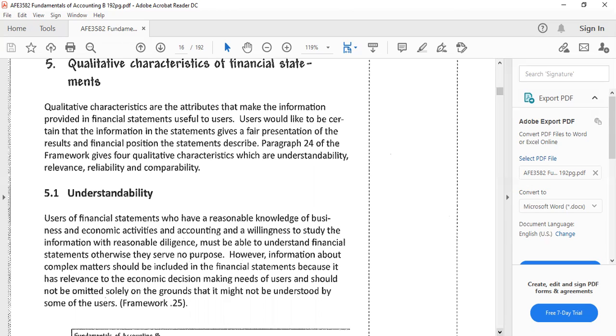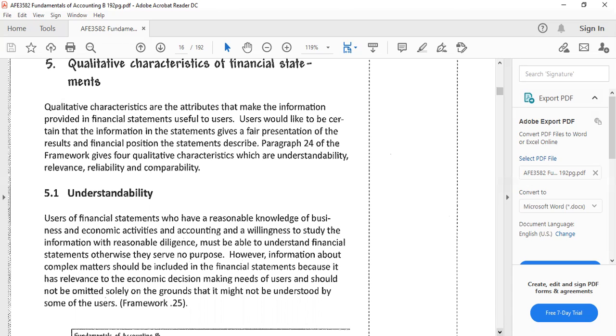This simply means that you cannot just bring me your balance sheet with a format that I do not understand, and maybe I'm a lender and you really want me to give you a loan. No, your financial statements should be understandable. They should be presented in a way that I can understand and analyze.